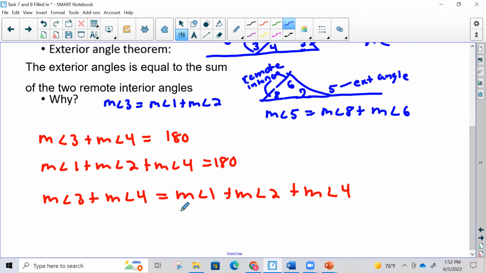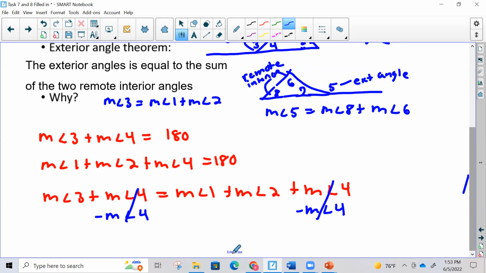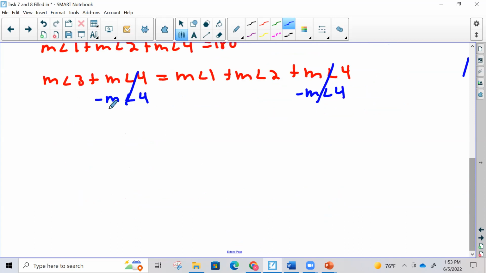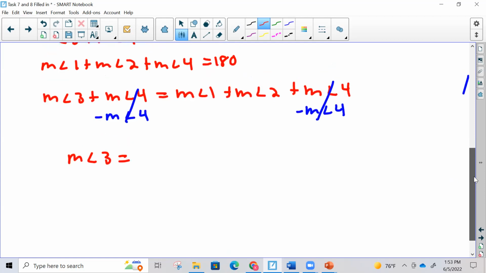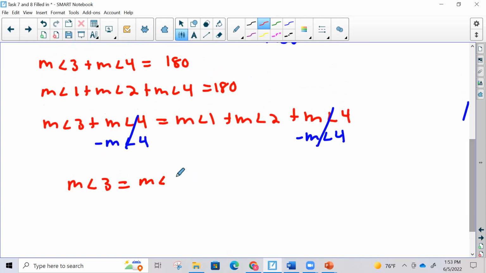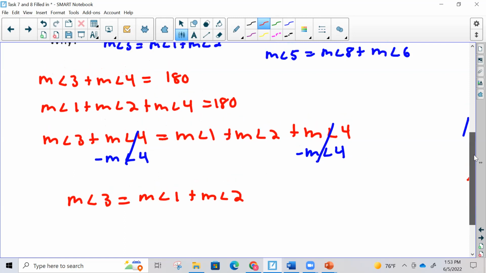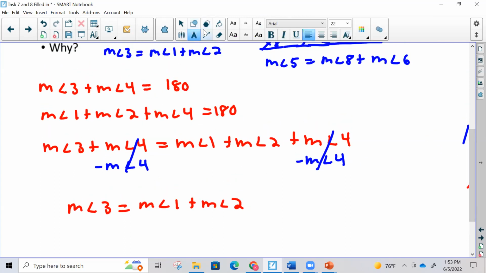Then with a little bit of algebra, I see that I have an angle 4 on both sides, so I can subtract the measure of angle 4 from both sides and they cancel out. And so I can see that the measure of angle 3 is equal to the measure of angle 1 plus the measure of angle 2. Okay, so that's the algebra proof of why that is true.